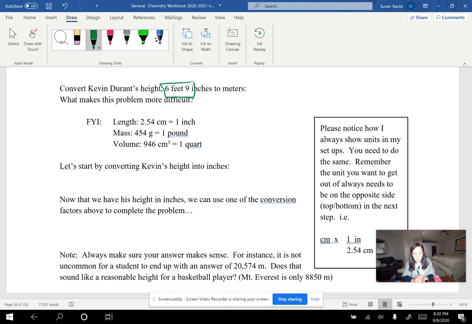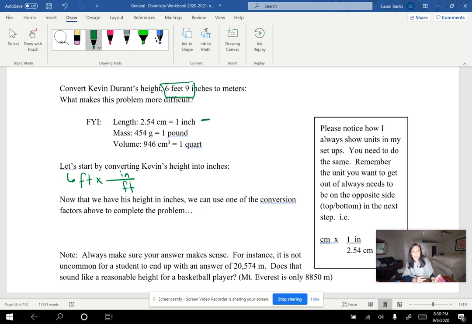I propose that getting his height completely in inches is the best way to go, because my conversion here is in inches. So let's use inches. The thing I have to do is convert that 6 feet to inches. I'm going to use unit analysis. If I want to make feet into inches, I want inches on top and feet on the bottom to cancel out my unit of feet.